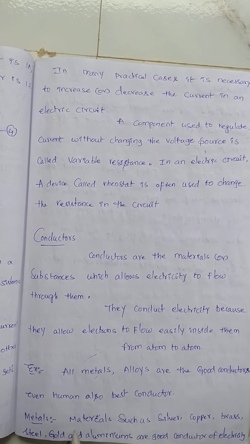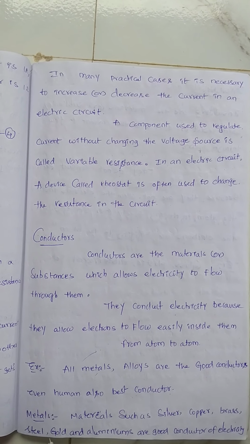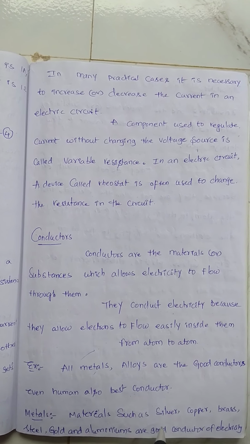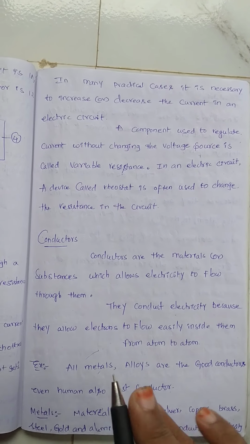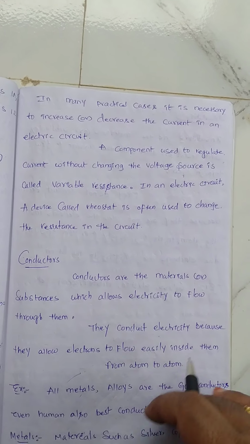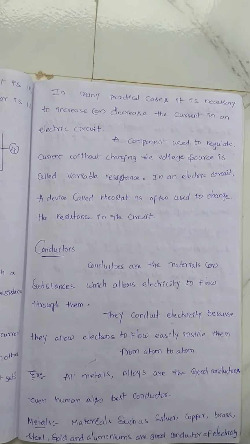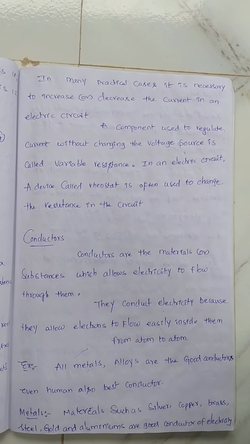See, metals, materials such as silver, copper, brass, steel, gold and aluminum, are good conductors of electricity. Among all these metals, silver is the best conductor of electricity. Why? Because compared to the remaining metals, silver has more free electrons. If you want, you can see the electronic configuration according to chemistry.